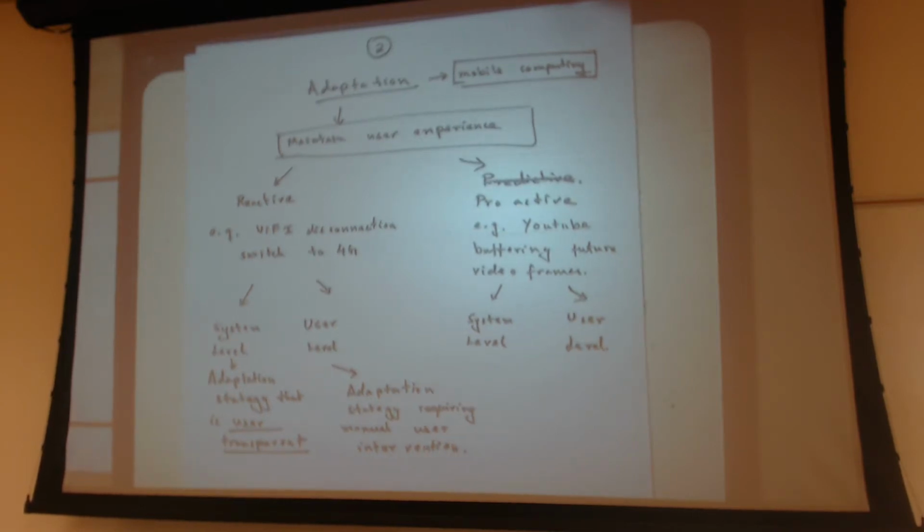What is an example of user level reactive adaptation?